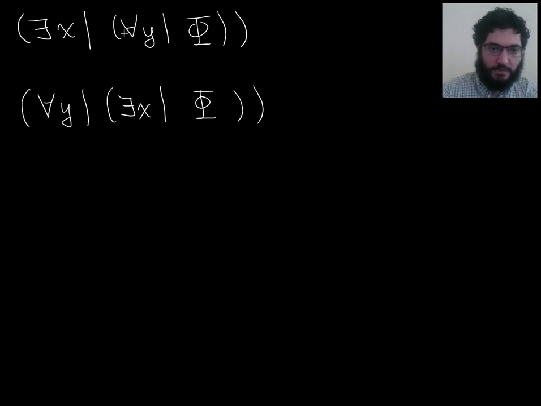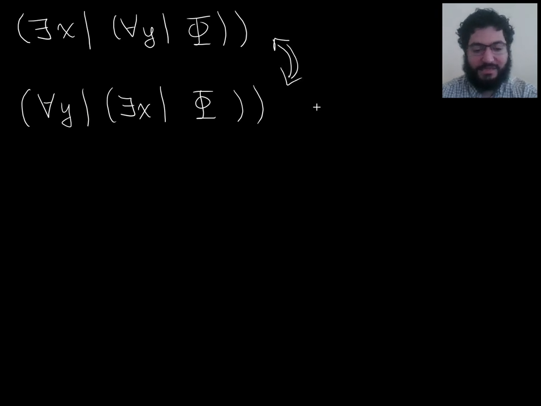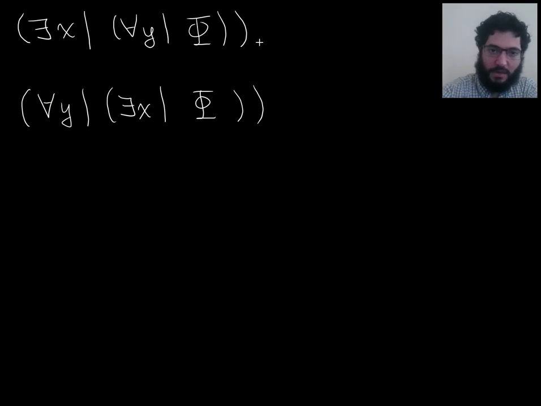In each case, the universal and the existential quantifiers are attached to the same variable. So does the order matter? Can we just switch the order? It turns out, yes, it very much does matter. So these are not equivalent. We're not going to have a double arrow connecting these. However, we do have an arrow going one way, and it goes this way.